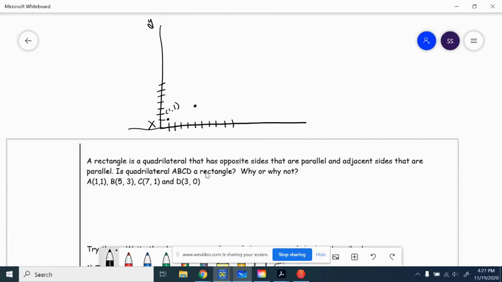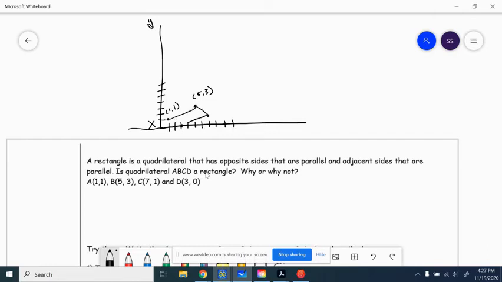And again, this doesn't really have to be perfect. We just want kind of a rough figure here. And point C is at 7, 1: 1, 2, 3, 4, 5, 6, 7, up 1. And D is at over 3, up 0. Okay, so here we go.